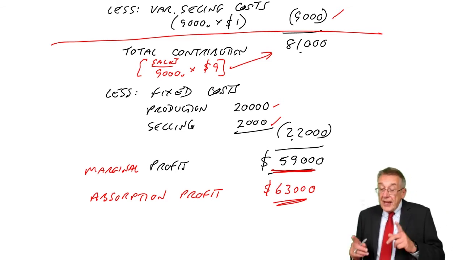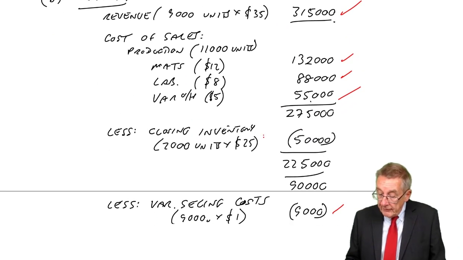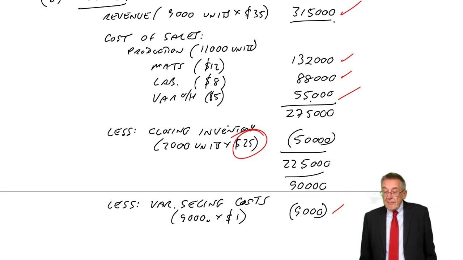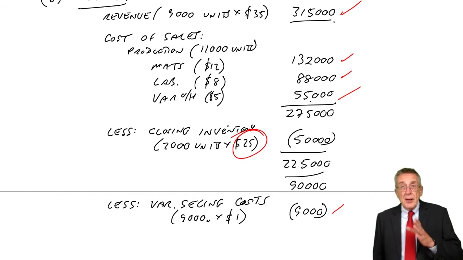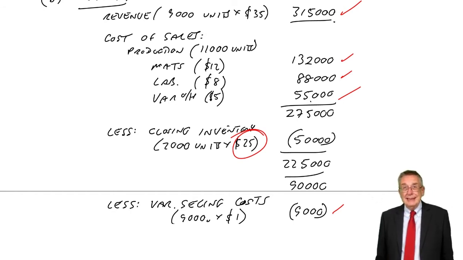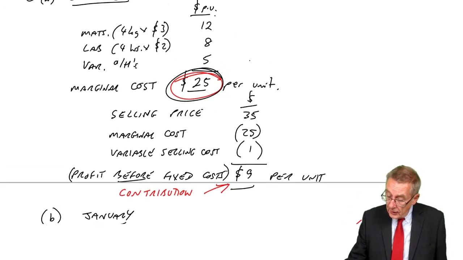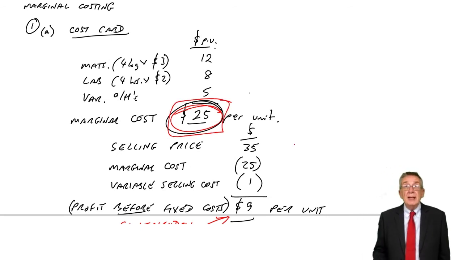The reason, and the only reason we end up with a different profit, is the way we value inventory. With marginal costing, you value inventory at the marginal or variable cost of production. And the variable cost of production, the marginal cost, was 25. Inventory is valued at 25 a unit.